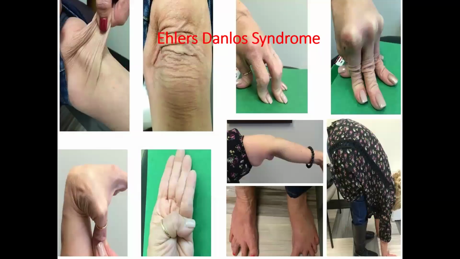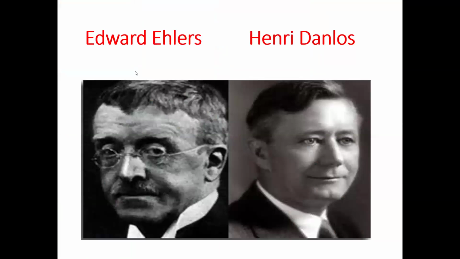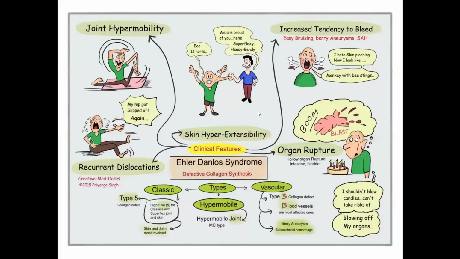And the differential could be something like Ehlers-Danlos, which was discovered by these two dermatologists here, or it could be something else.